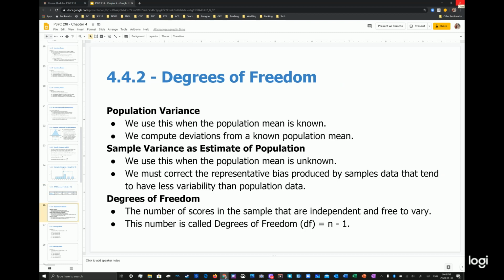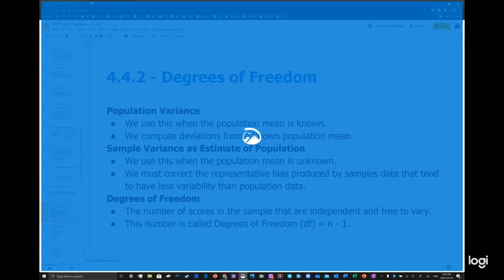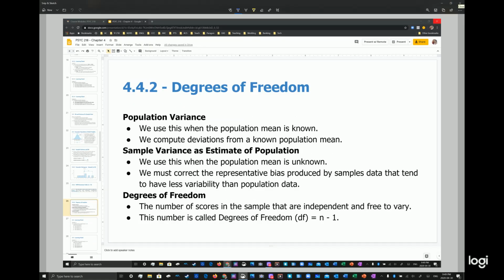Remember, before I say anything else, when you do sample variance, you divide sum of squares by n minus 1. And sample standard deviation is going to be the square root of, in brackets, sum of squares divided by n minus 1. Okay? And so the next bit is that degrees of freedom that I mentioned earlier.